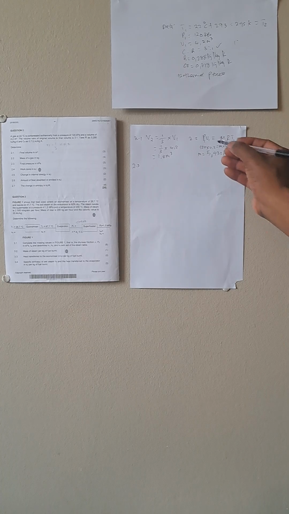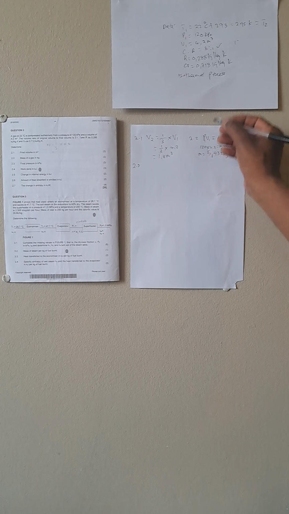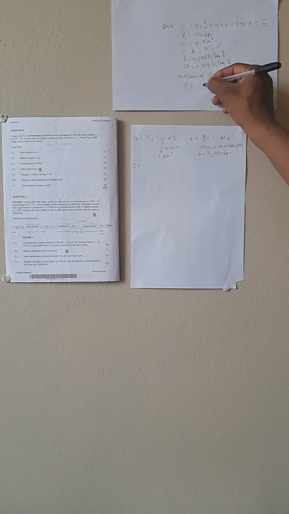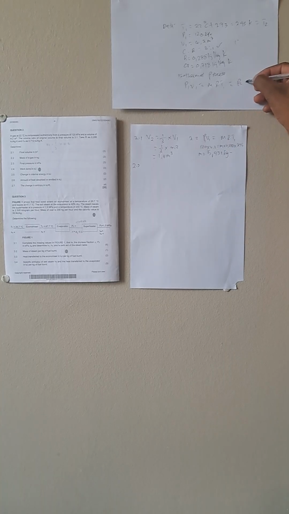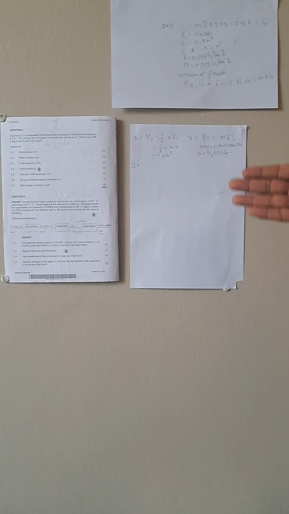So if we have P1 V1 equals MRT1, we can also extend it to P2 V2 equals MRT2, P3 V3 equals MRT3, P4 V4 equals MRT4. But in this case, we are just ending at this point.